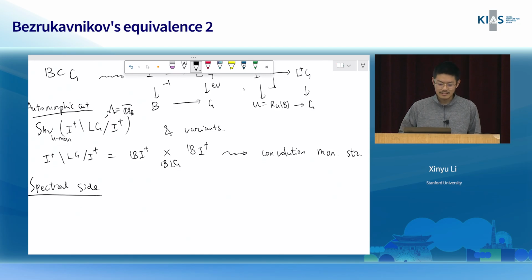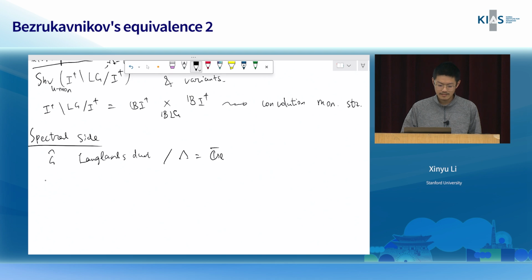On the spectral side, I have G hat, the Langlands dual group, over Λ, which is Q bar ℓ. It comes with a canonical pinning, which means it contains a canonical Borel subgroup, a torus inside the Borel subgroup, and a trivialization of all root subgroups.